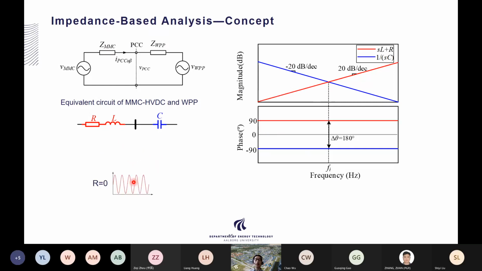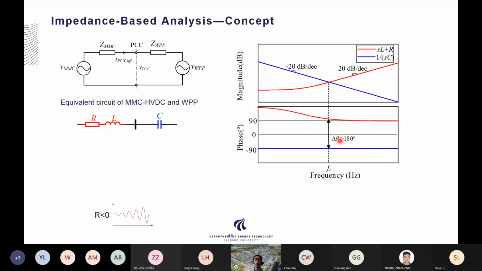In the second case, if there is zero damping, we can imagine the system will be critically stable, which means that if there are some oscillations, they will be sustained. When reflected in the Bode diagram, you can see that in that scenario the phase difference at the magnitude intersection point will be equal to 180 degrees.